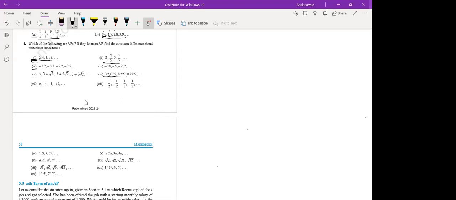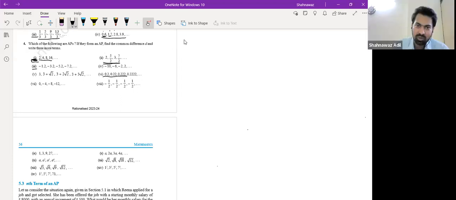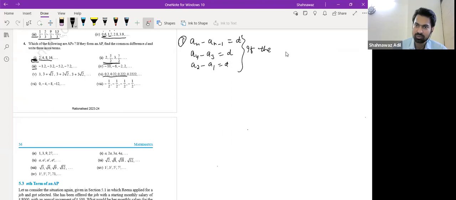Okay. Yeah, so two things we need to remember. One is that the common difference is A4 minus A3, or A2 minus A1, whichever pair you take, if the progression is an AP, it is the same d. And the second thing you need to remember is that an is a plus n minus 1 times d.